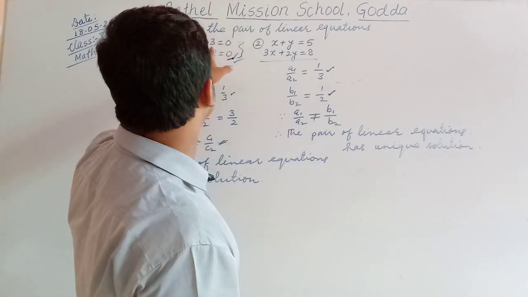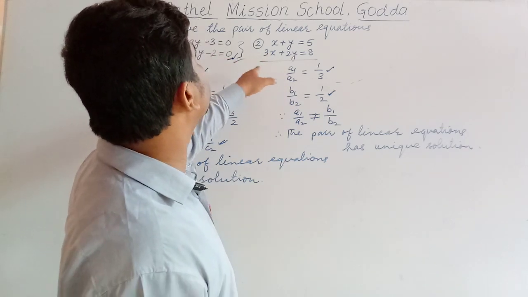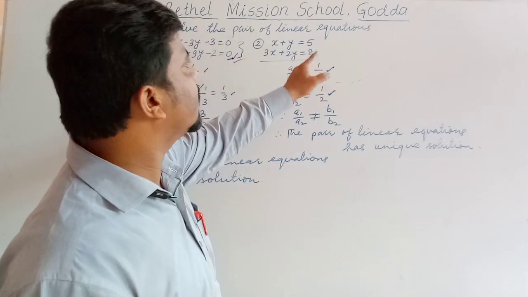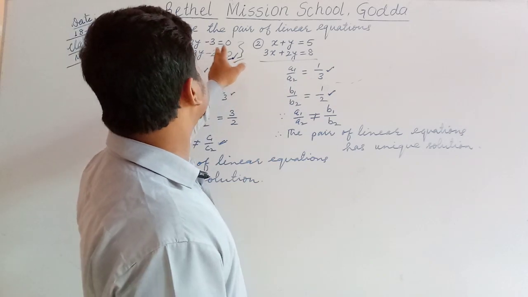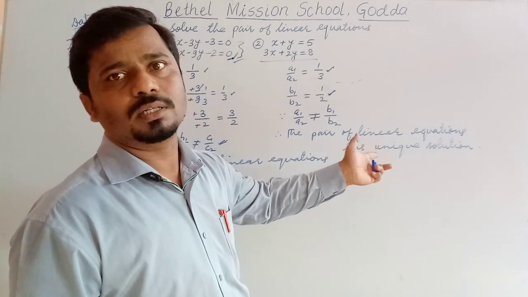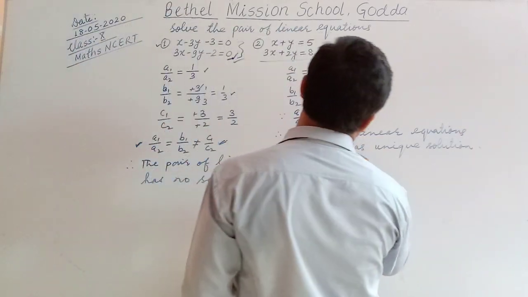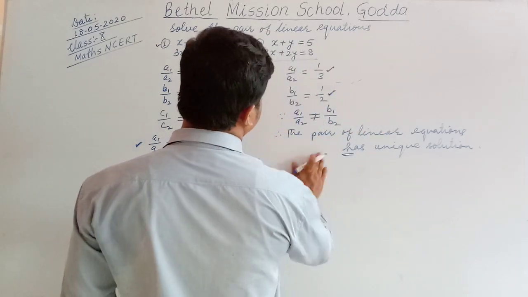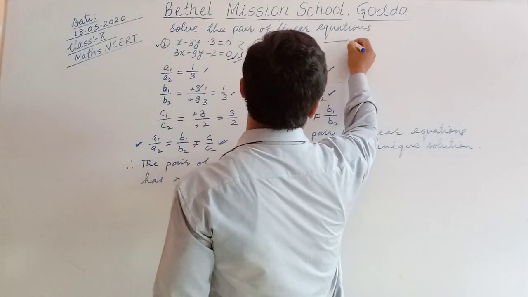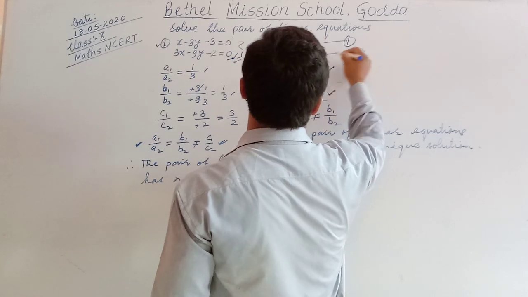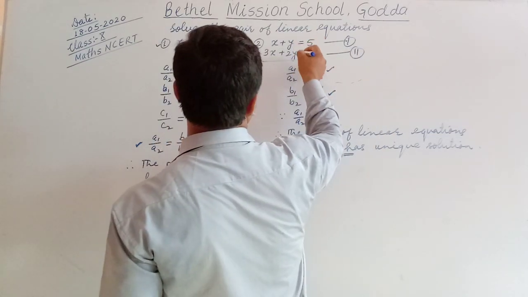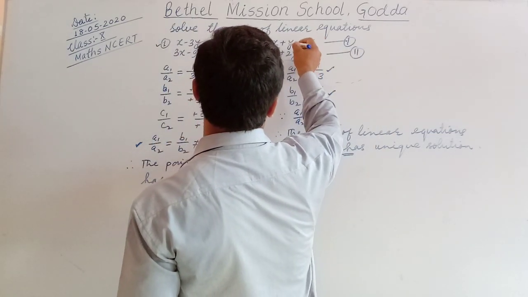It is not told in which method to solve, so no method is bounded. We can apply any one method. So this is the first equation and this is the second equation. The coefficients of y are 2 and 1, and the LCM will be 2.